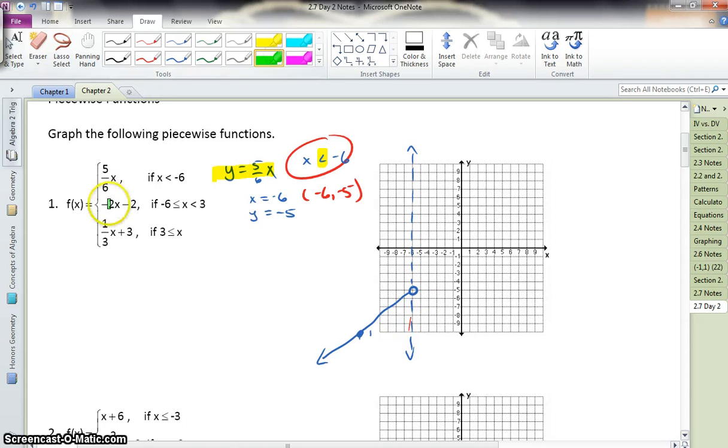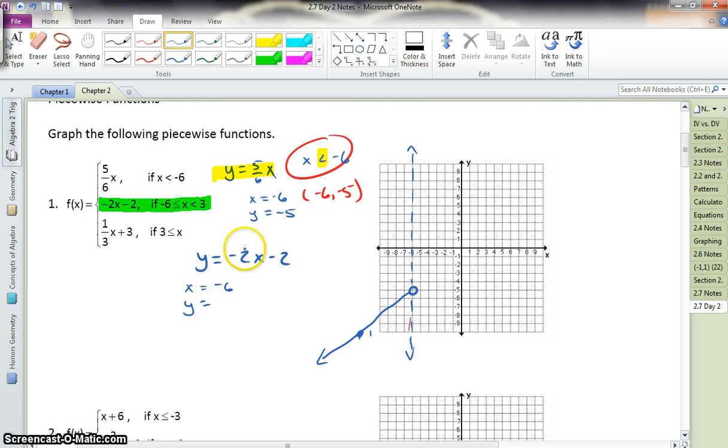Now, moving to the second one, we have y equals -2x minus 2. Here we have two endpoints, so here we have the constraints. All we really have to do is find our two endpoints and then draw the line that's between those two. So when x is -6, what does y equal?